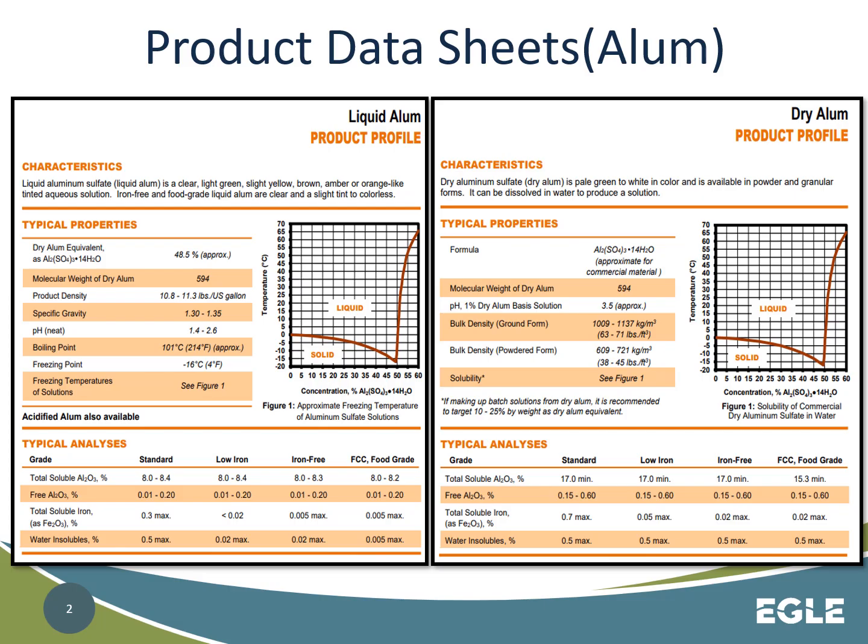With that, the formula is the same as the one for the dry equivalent alum, Al2(SO4)3 14H2O, so hydrated alum.